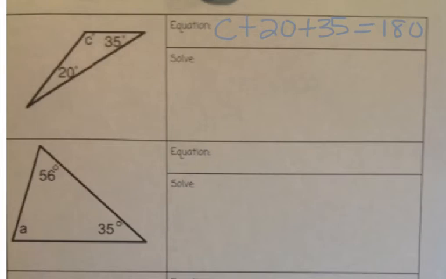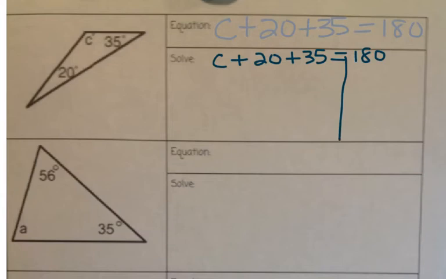I'm going to rewrite that so I can do it in my work area. I'm going to draw my line down in order to remember that algebra is polite. What I do to the left, I do to the right.